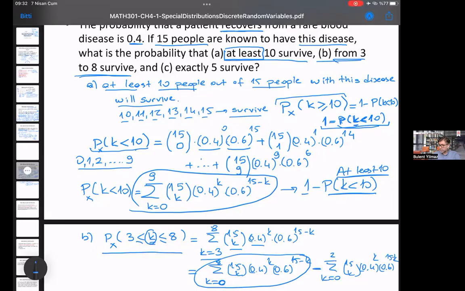And I'm subtracting no people survive, one person survives, and two persons survive. So I'm left with 3, 4, 5, 6, 7, and 8 survivals, right?